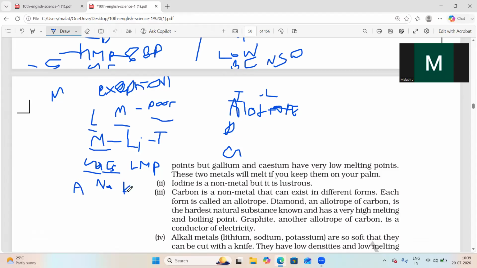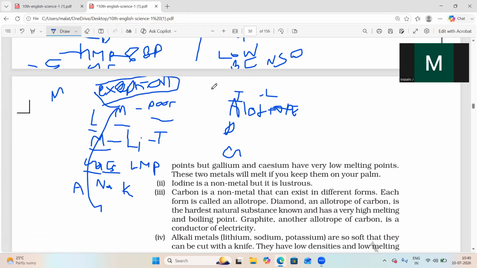Sodium and potassium are metals, but they are soft in nature. Those are the exceptions of metals we should understand.